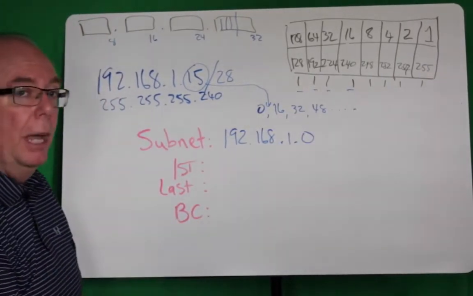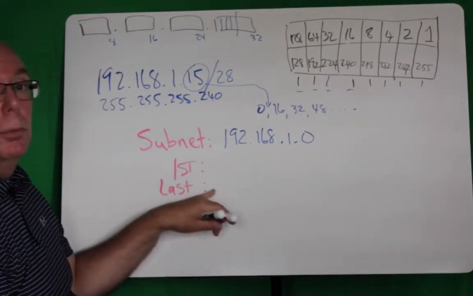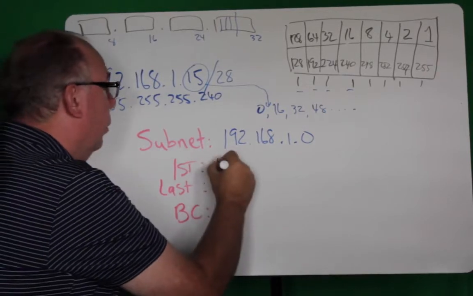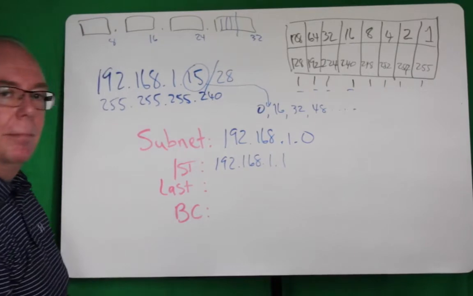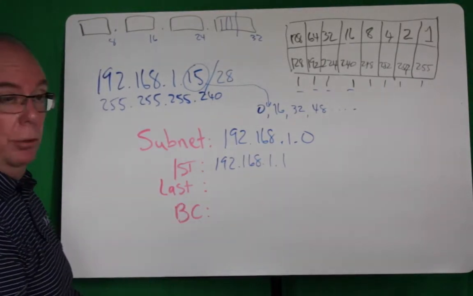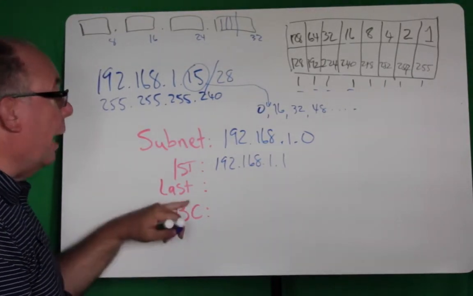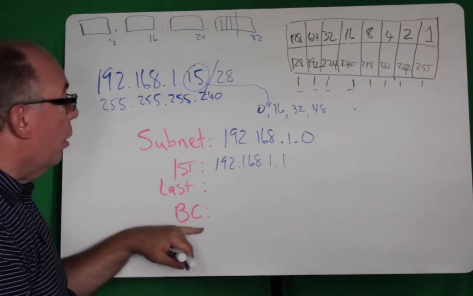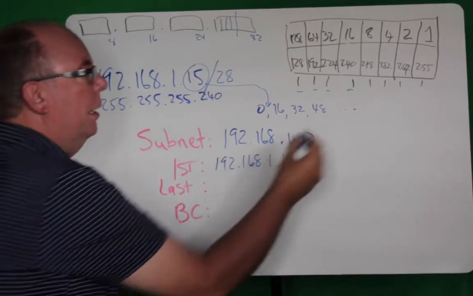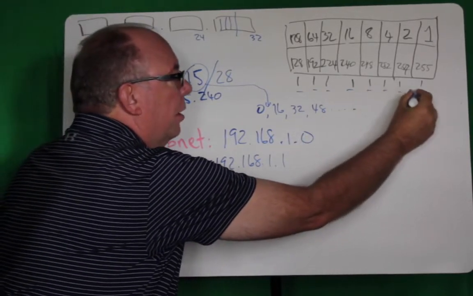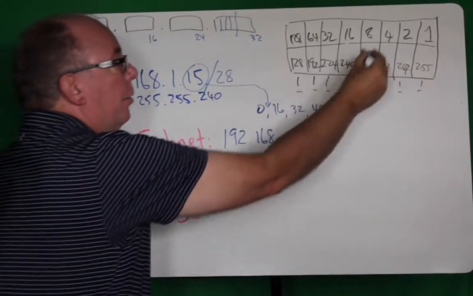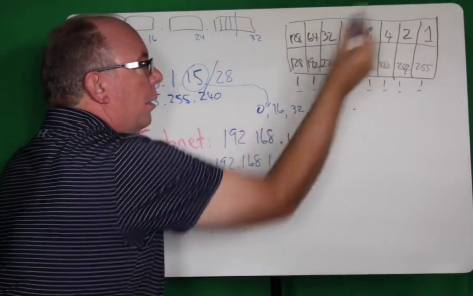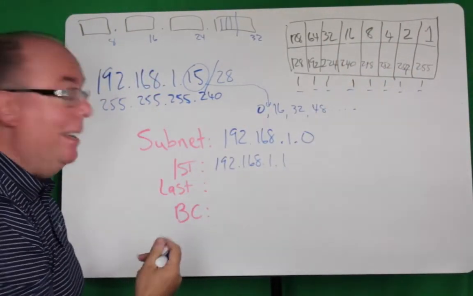192.168.1.0 subnet. The first usable address is going to be 192.168.1.1. The last usable address has to do actually with the broadcast. The broadcast address is when all of the host bits here are set to 1. And if you think about adding those, 8 plus 4 plus 2 plus 1, the answer is 15.